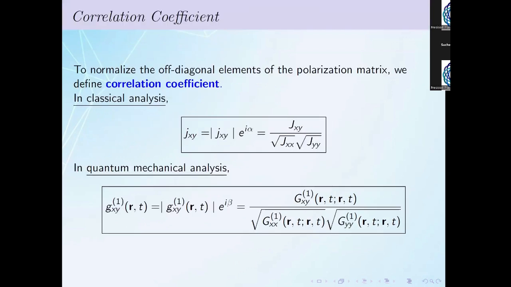So let's move to the correlation coefficient. The correlation coefficients are defined by normalizing the polarization matrix, and it has this form in terms of the polarization matrix elements.